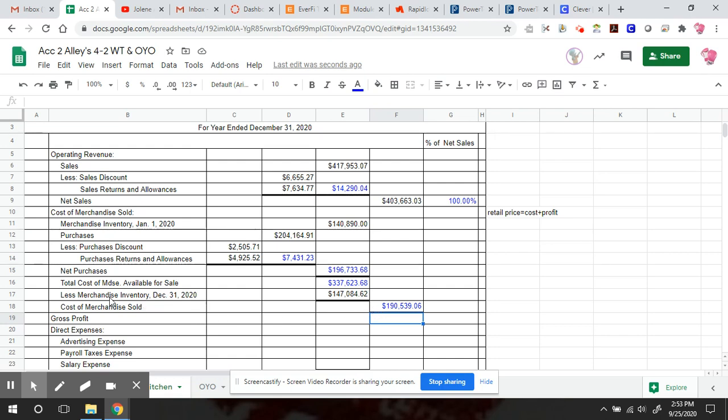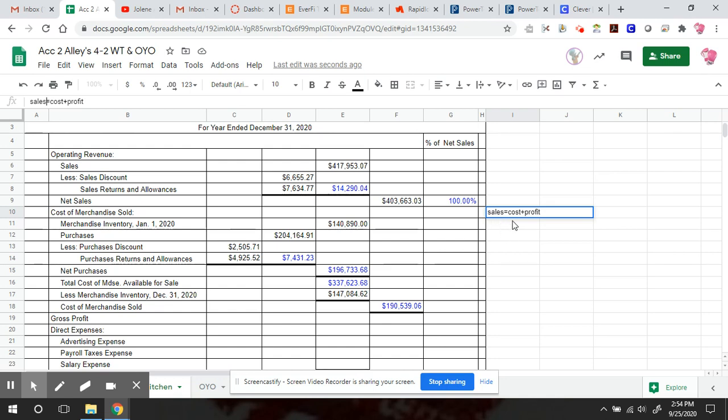Okay. Now, cost of merchandise. And right here, I put a little equation. Let me fix it a little bit for you. Sales equals cost plus profit. Sales could be called revenue, whatever you want to call it.